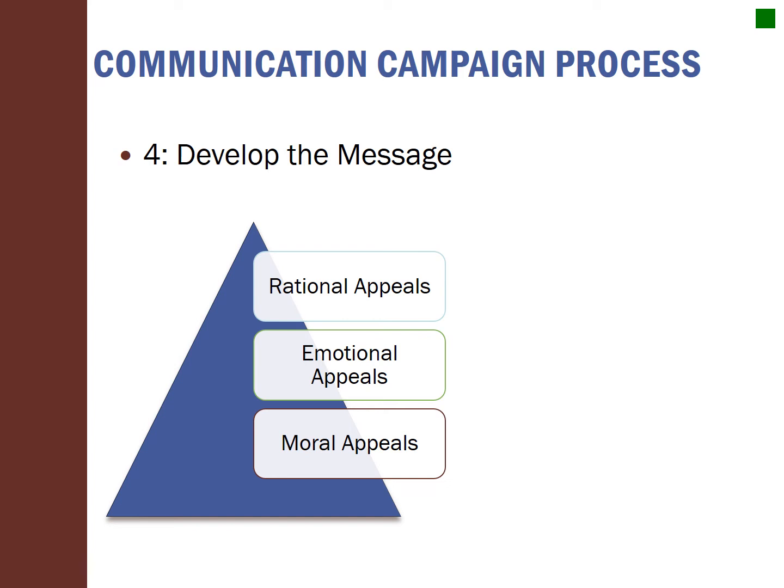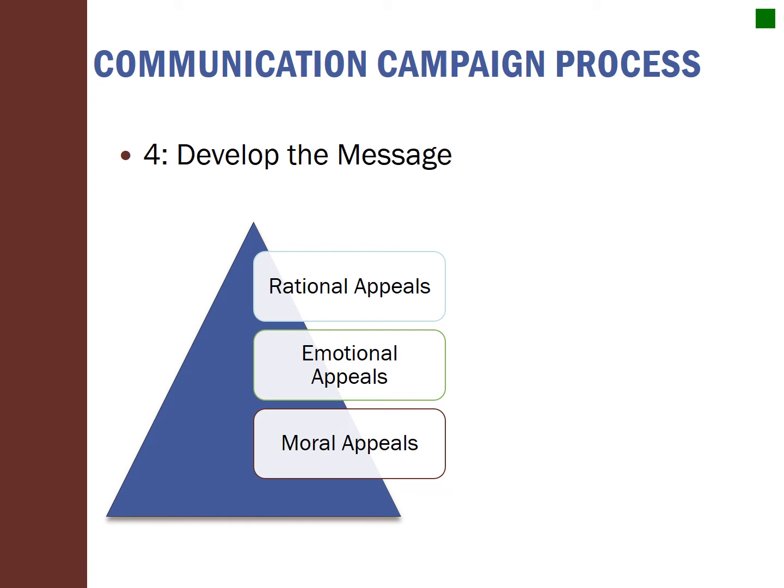So different appeals then. Rational appeal is one where we use maybe some logic and maybe we compare our product's benefits to our competitors' benefits and we try to make a logical argument as to why the consumer should buy our product. Emotional appeals tap into our happiness or sadness, fear, those types of appeals. So there's an emotional component, and we want to create the emotion and then attach our product to it.